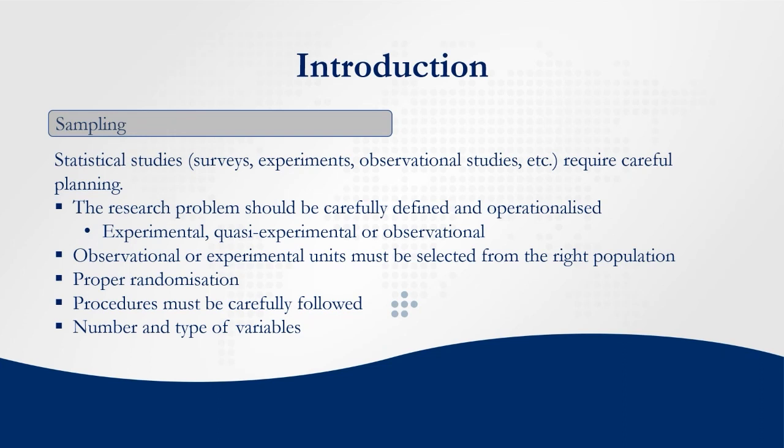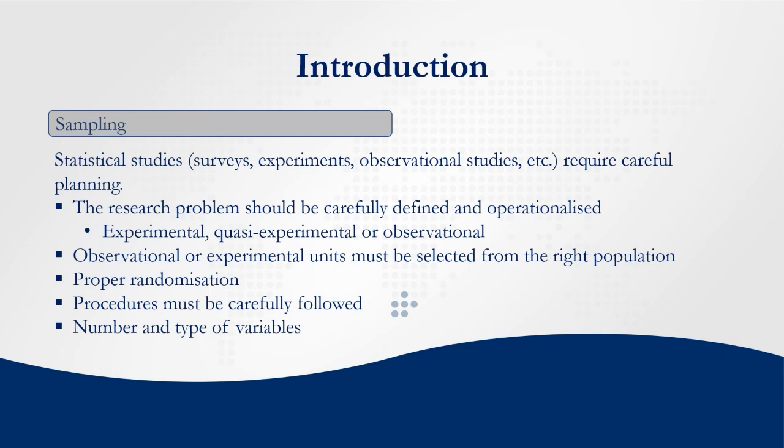So then you need to select your units from the right population. If it's an experimental design, you need proper randomization and you follow procedures properly. So these are some of these things. They feed into your sampling.